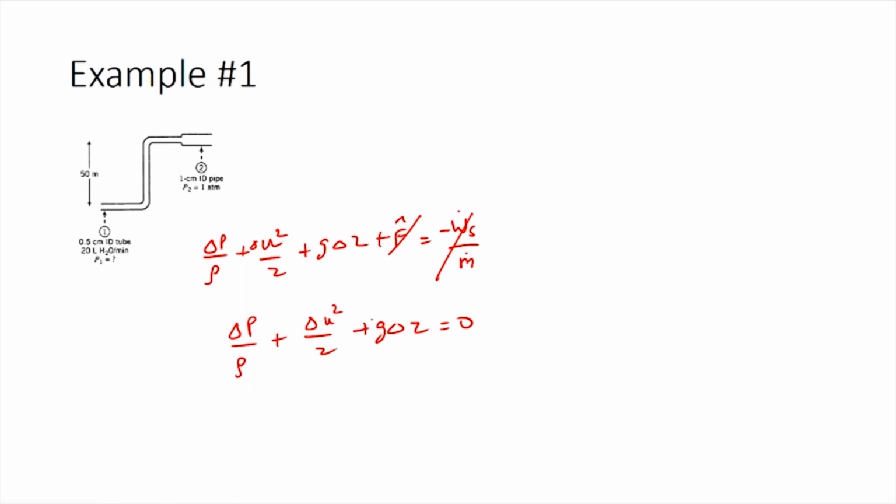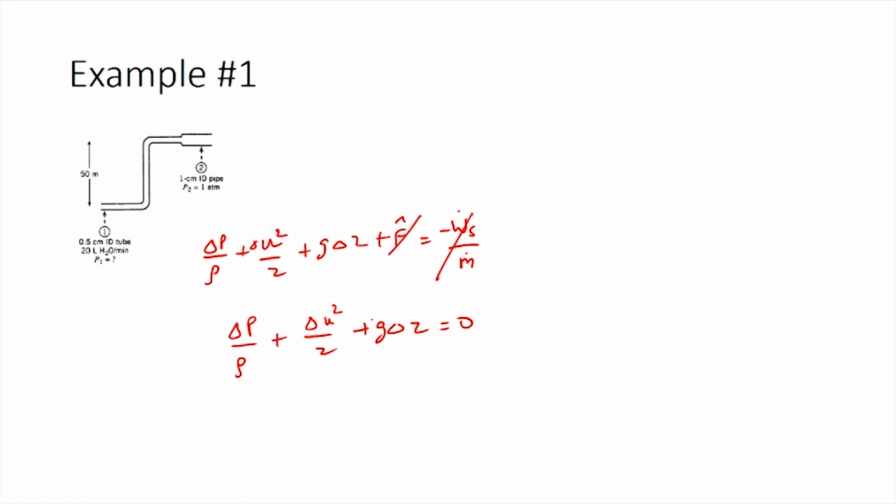We have been asked to calculate the pressure at point 1. We also have the information about pressure at point 2, which is 1 atmosphere. We have information about delta Z because we know the difference in the height between point 1 and point 2 is 50 meters. The value we need to calculate is delta U squared.